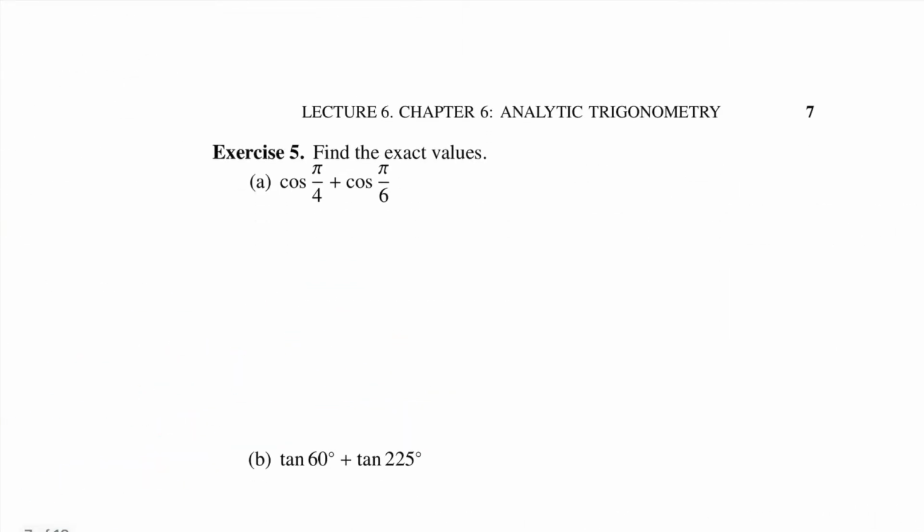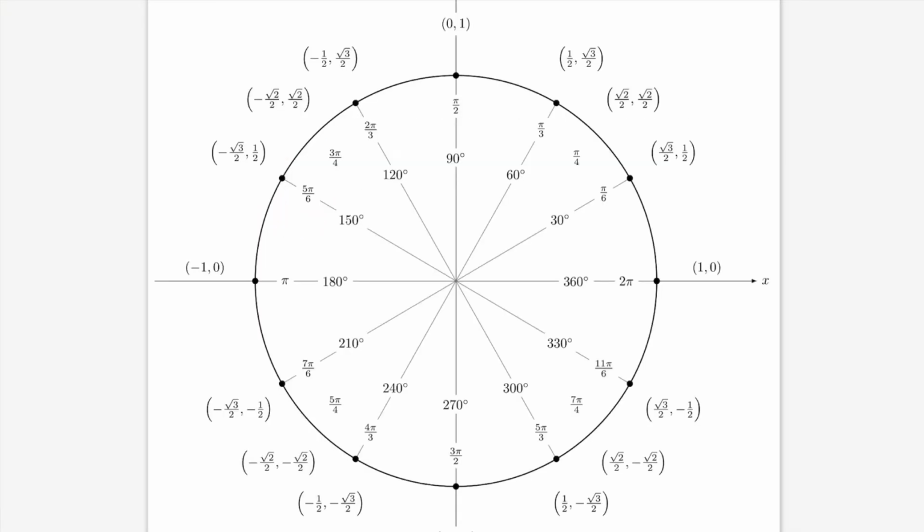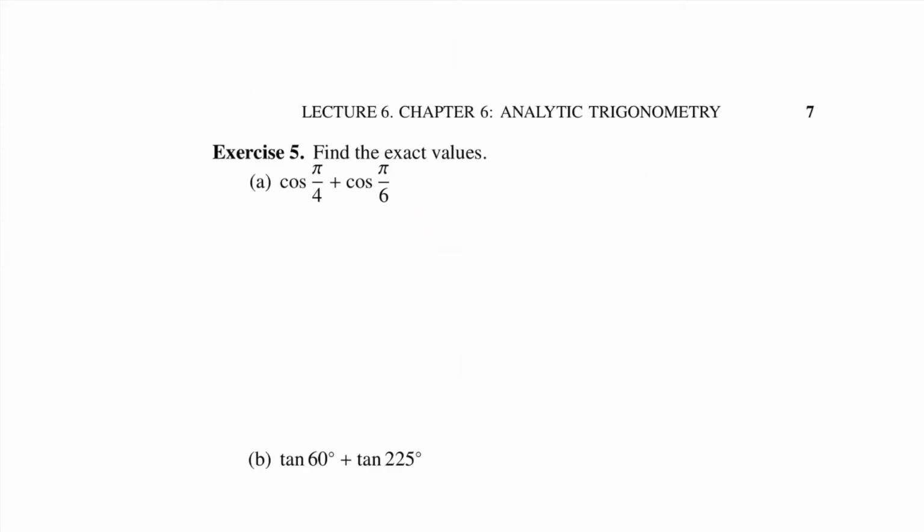All right, let's move on. Find the exact values. You want to look at the angles, and if you recognize these as angles in standard position on the unit circle, then you can determine their values by looking at the unit circle. The cosine of pi over 4 is radical 2 over 2, and the cosine of pi over 6 is radical 3 over 2.